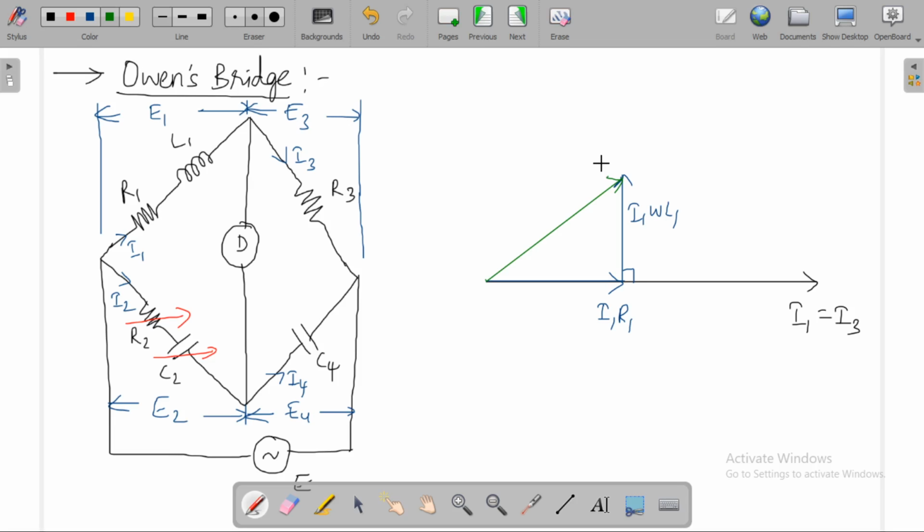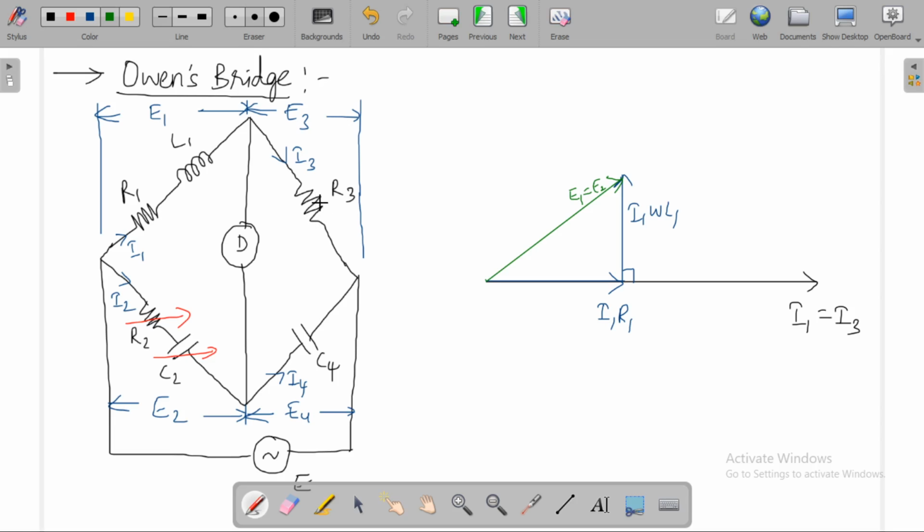Under balanced conditions, E1 is equal to E2 and E2 is equal to E3. Now let me draw the voltage across R3. You know phasor I3.